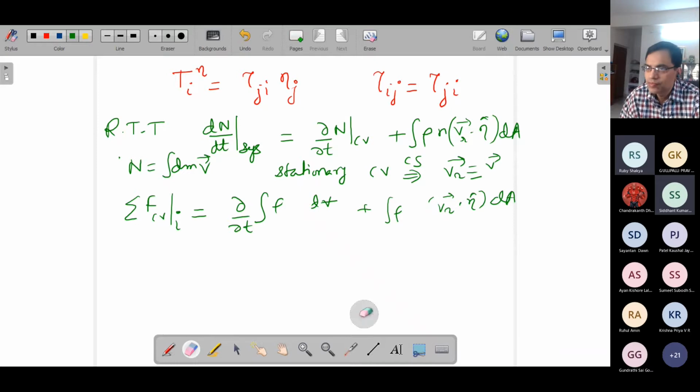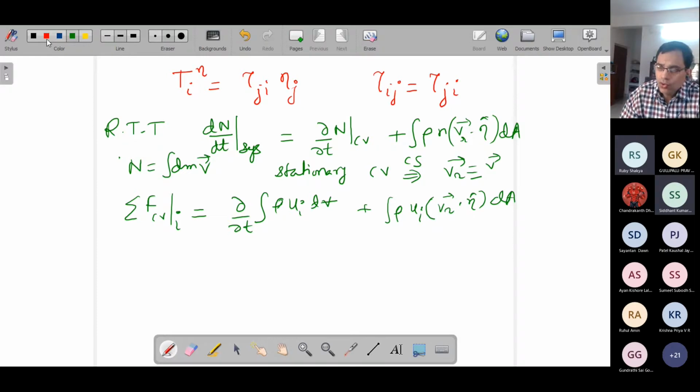That is the only change, where ui is the velocity component along the direction i.